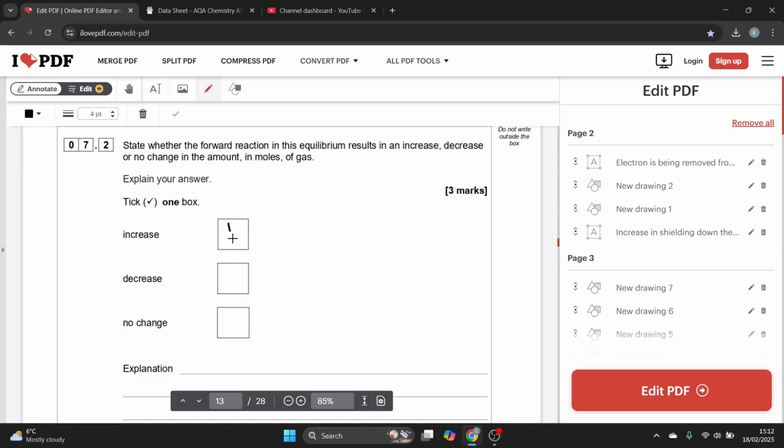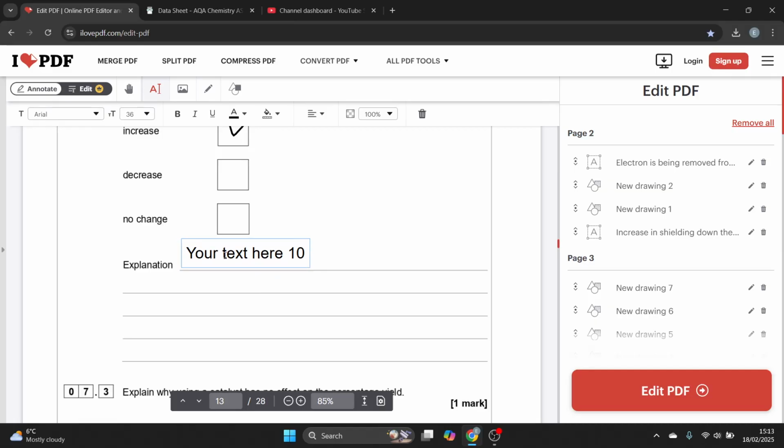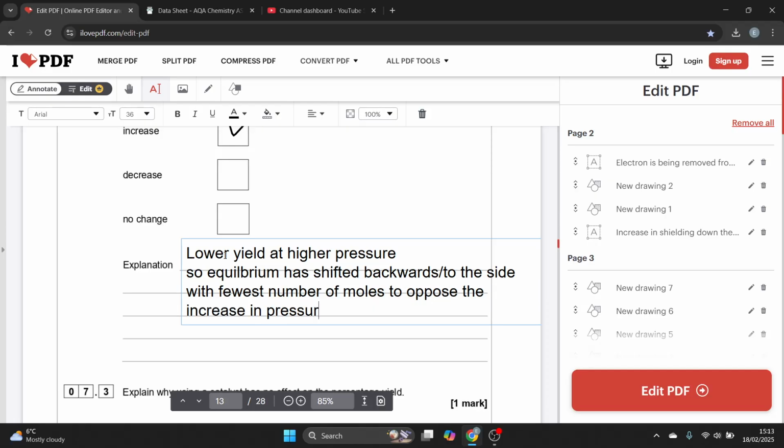Well, it's going to increase, so lower yield at higher pressure. Equilibrium has shifted backwards to the side with the fewest number of moles to oppose the increase in pressure.